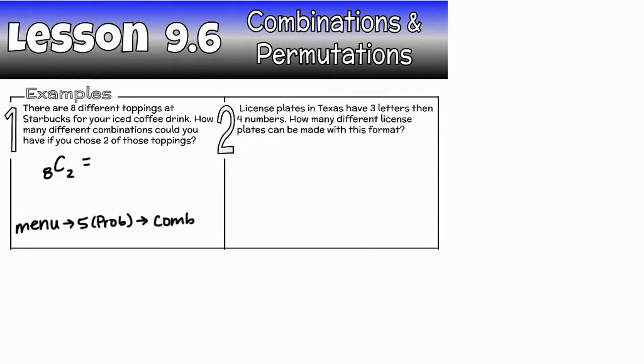It types up nCr and then an open parenthesis. You're going to put in 8, 2. This is the piece that you'll plug into your calculator, and then it should spit out 28. So there are 28 different combinations that you could have if you chose 2 of those 8 toppings.